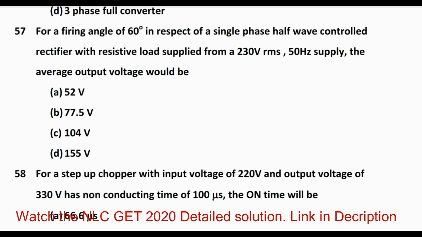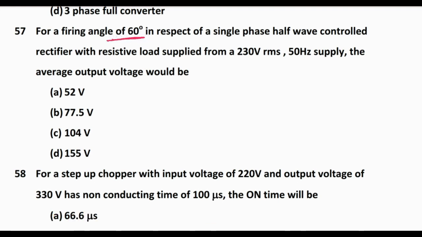Next question is, for firing angle of 60 degree in respect of a single phase half wave controlled rectifier with resistive load supplied from a 230 volt RMS 50 Hz supply, the average output voltage would be. So here the firing angle is given as 60 degree and the supply is 230 volt RMS 50 Hz. So what will be the average voltage? Directly you can apply the formula, V output average is equal to Vm by 2 pi (1 plus cos alpha).